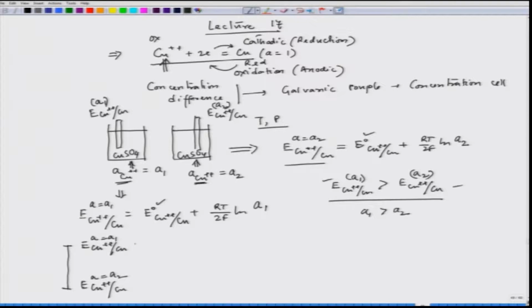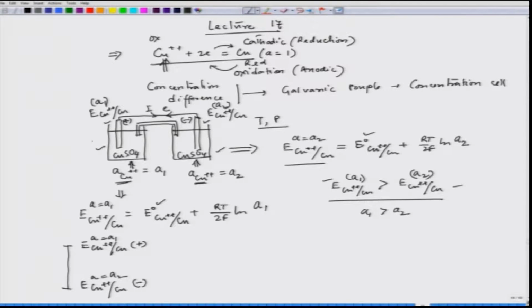Of course, this would become my positive electrode and this would become my negative electrode, because once we complete this cell by connecting a salt bridge and then connect the two electrodes, since this potential lies on top of that potential, we have a current flow from the left side to the right side. Whenever we have a current flow, the current always flows from the positive electrode to the negative electrode. So, this would become my positive, this would become my negative, and electrons would flow this way.